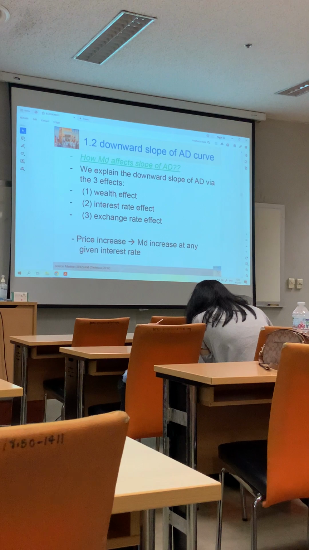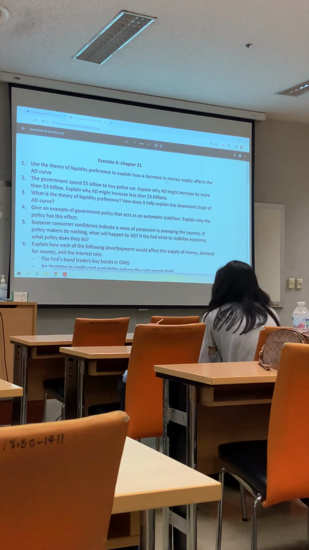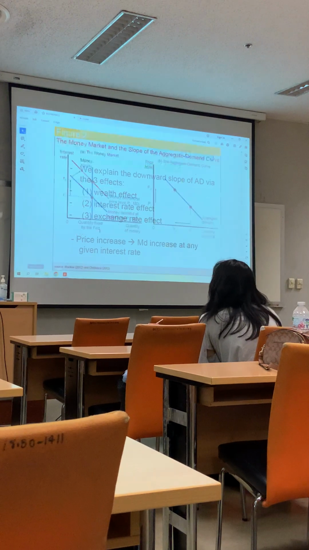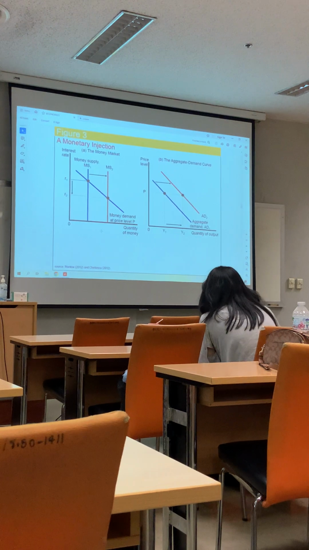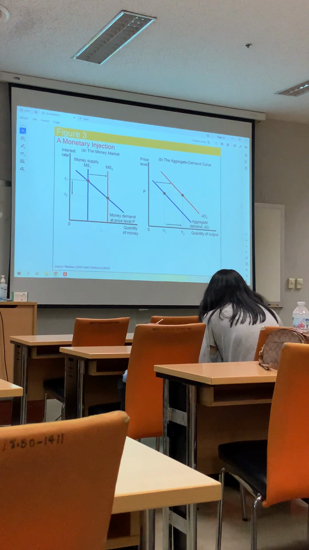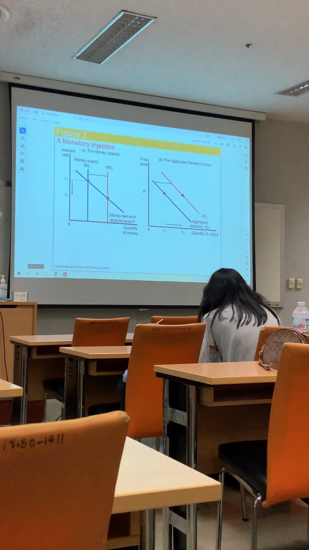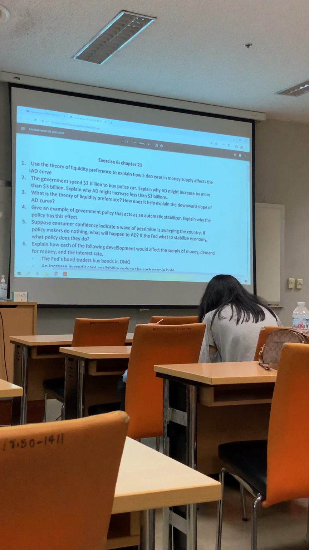And then they just ask you how a decrease in money supply affects the AD curve. So what you can do is just use this graph, okay? You just shift MS, but how do you shift? A decrease in money supply affects only the AD curve. The question doesn't ask you about the effects in the short run or long run.